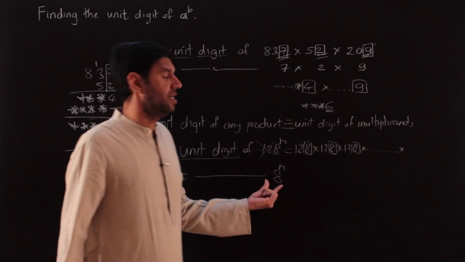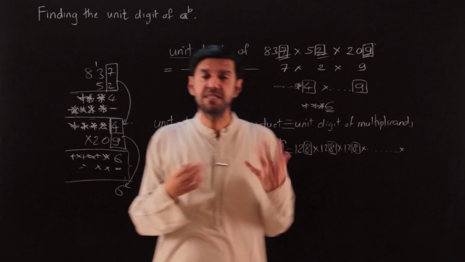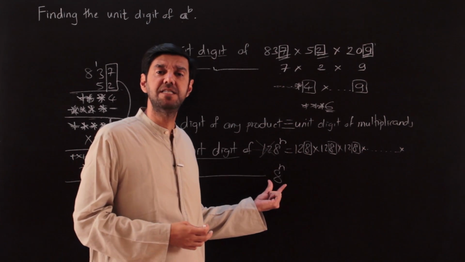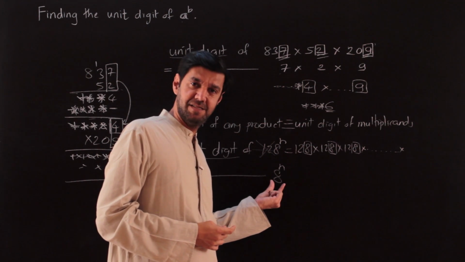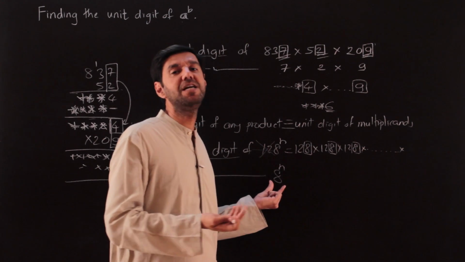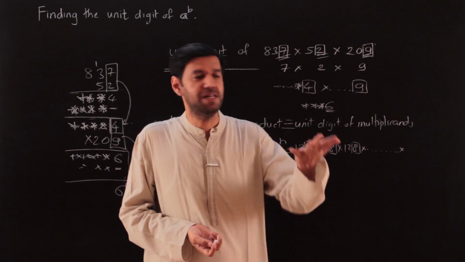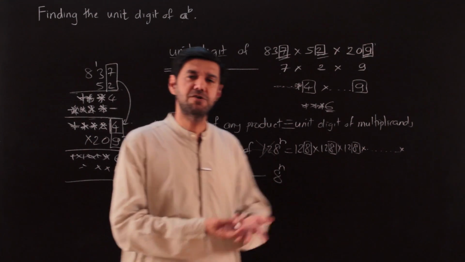So what that means is, if I want to find the unit digit of any power, I just need to learn the unit digit of a single digit, the unit digit itself raised to n. And how many different values of unit digits are possible? There are only 10 possible values: 0, 1, 2, 3, 4, 5, 6, 7, 8, 9. So I just need to do that much work.